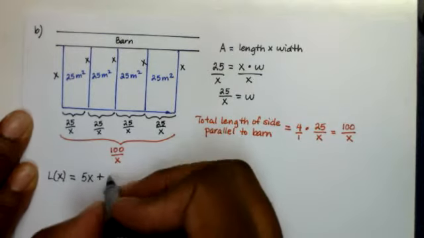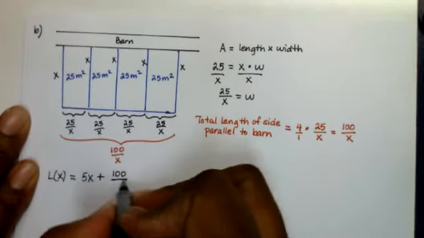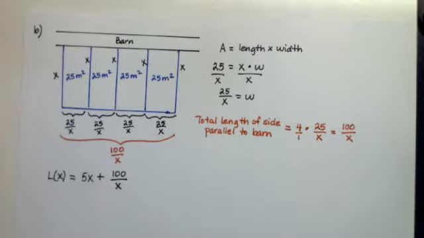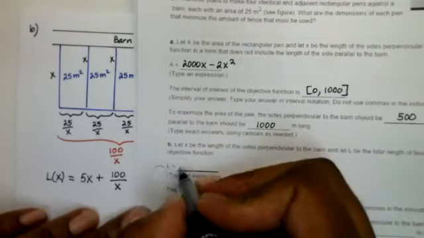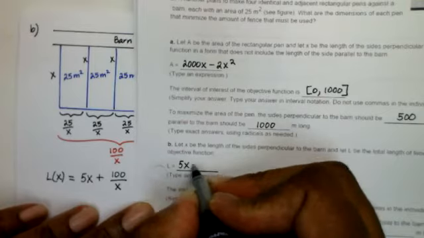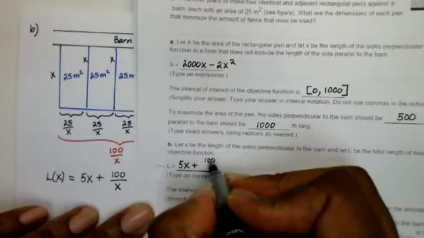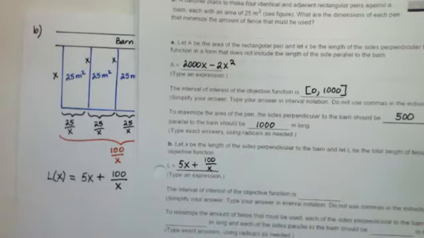That's 100 over X. All right, and this right here is going to be your objective function. L equals 5X plus 100 divided by X. That's the objective function.